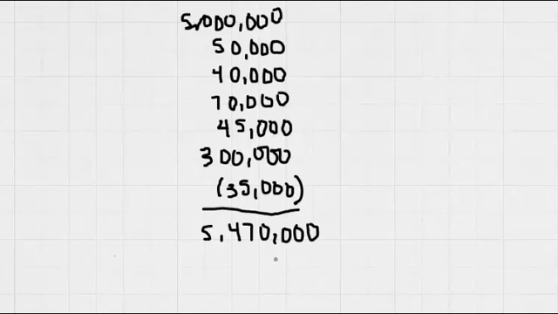So we're going to apply our state blended rate. So we have the 6.5% that we calculated earlier, and that will be $355,550.